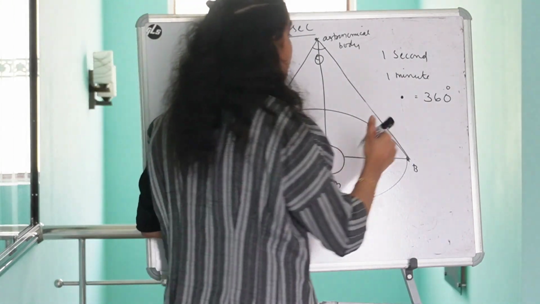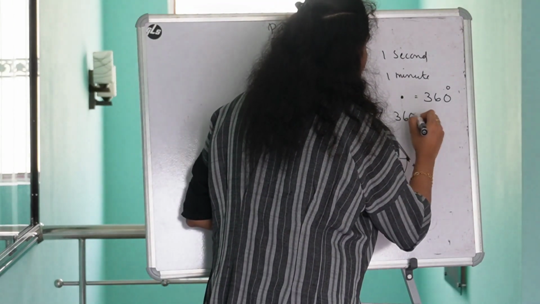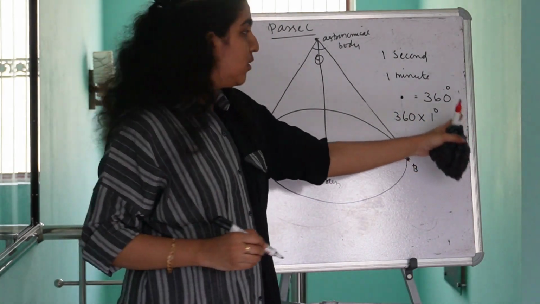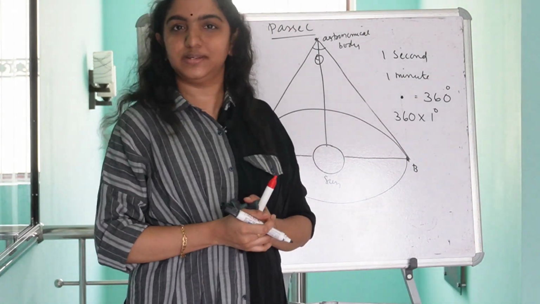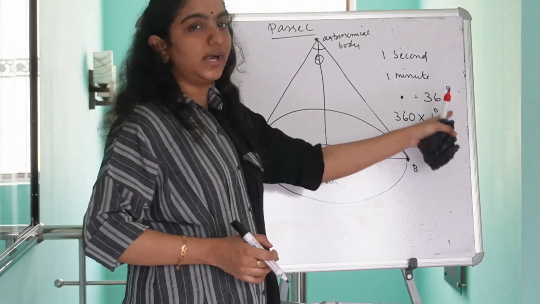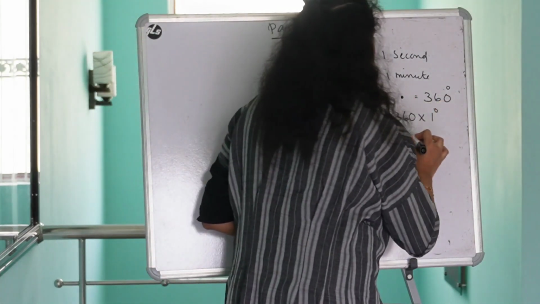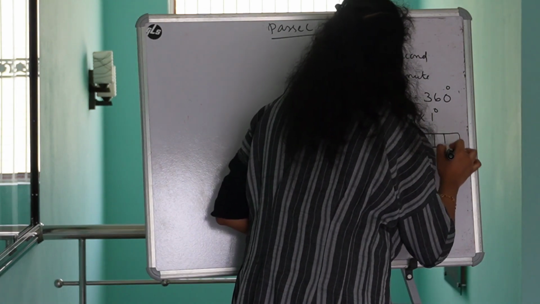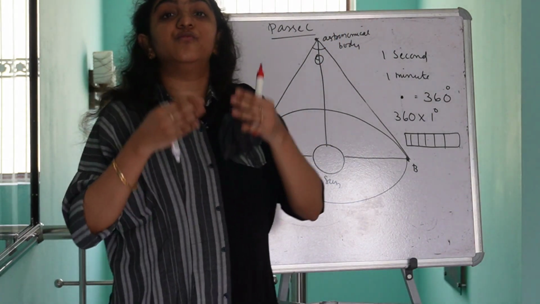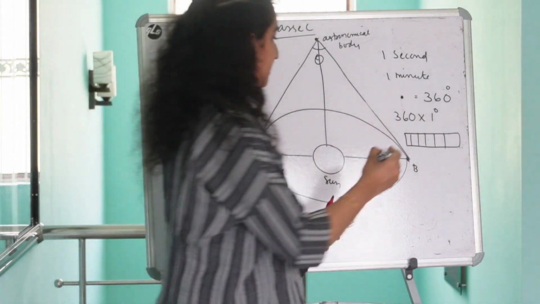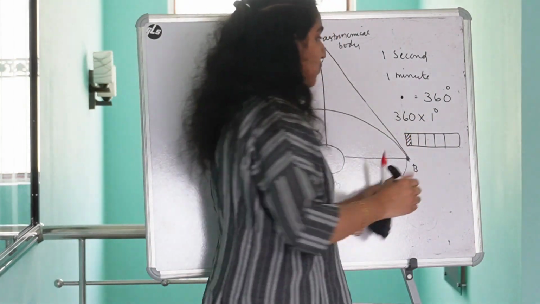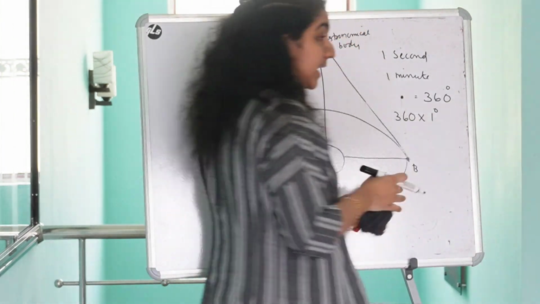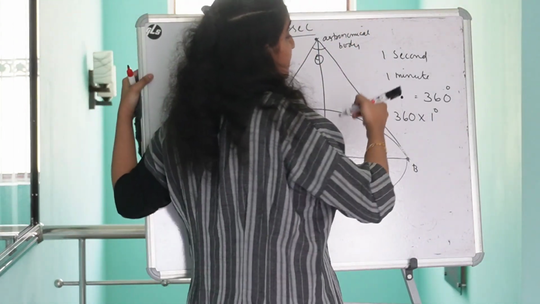We can say this whole 360 degrees can be divided into 360 equal parts, and each measurement is known as 1 degree. Now, this 1 degree can again be divided into 60 minutes.